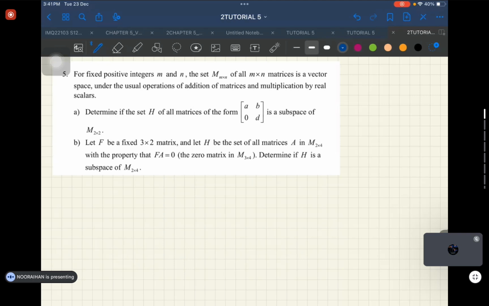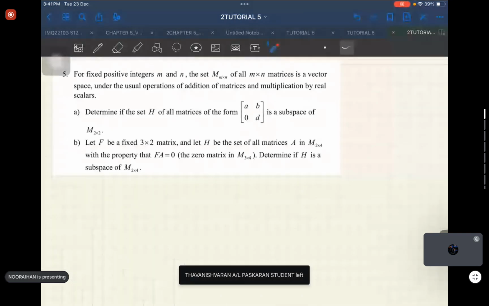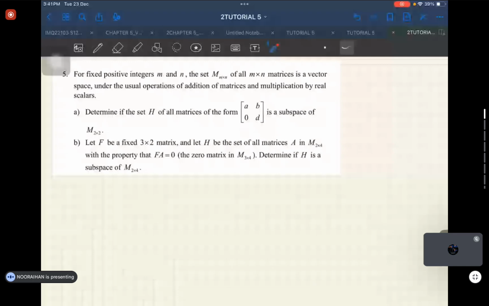Zero matrix. Okay, this is a matrix H. Check whether it has a zero matrix, and check whether the addition keeps the same form, and check whether the scalar multiplication keeps the same form. Okay. We have to preserve the structure.